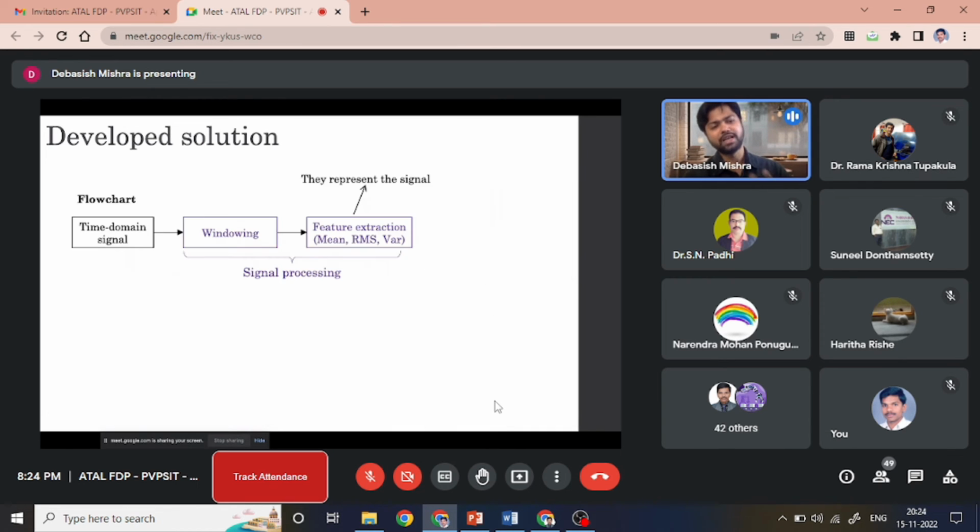What we proposed as a solution is that instead of working on the raw sensor data or operating from the perspective of signal processing, why couldn't we window it, and window it in a manner that we could extract some features from the signal? These features were the mean, RMS and the variance. These were taken because we were working on vibration and power data, which are cost effective.